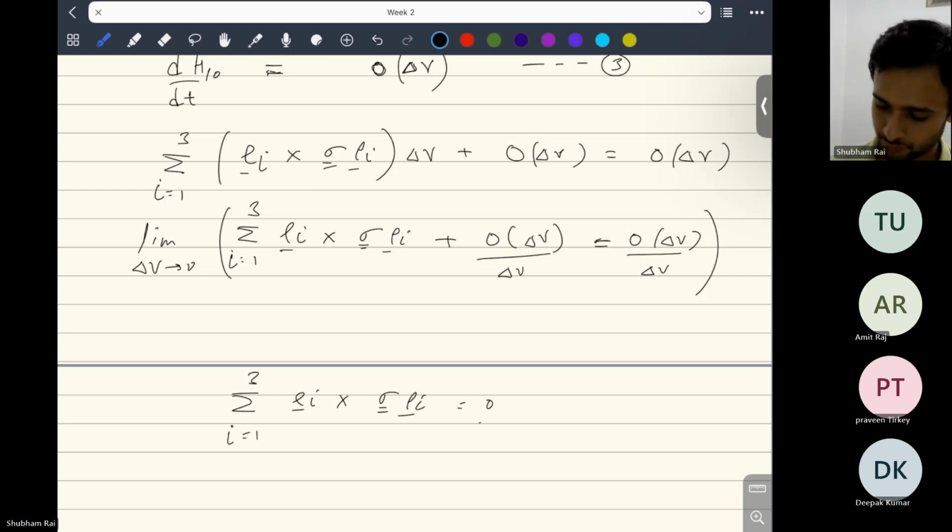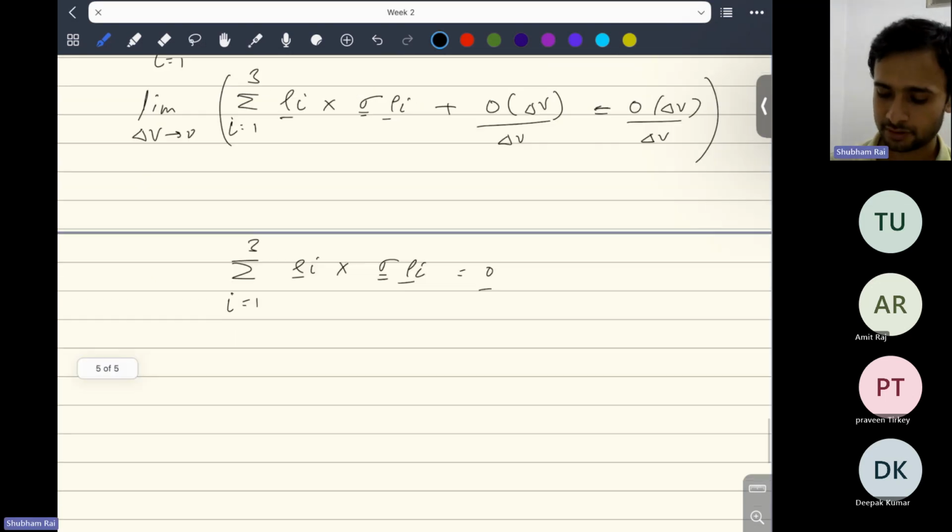So this is the final equation of angular momentum balance. Right.